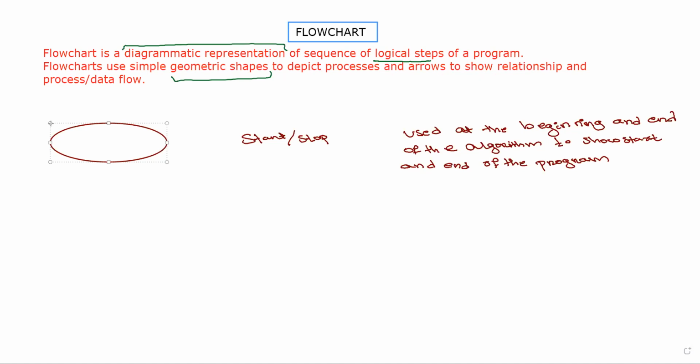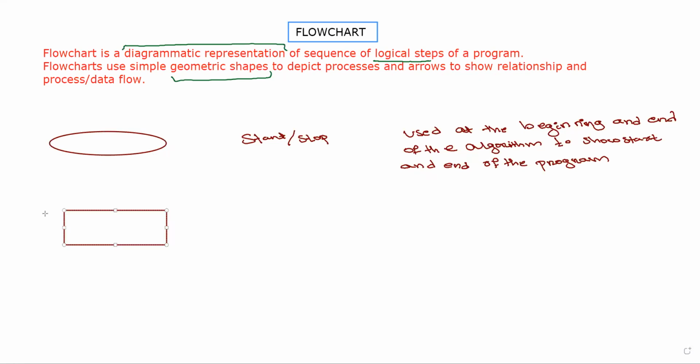And the next part is the process part. The symbol will look like this. This one is the process.